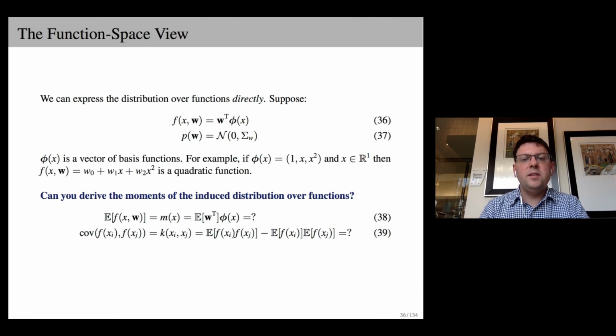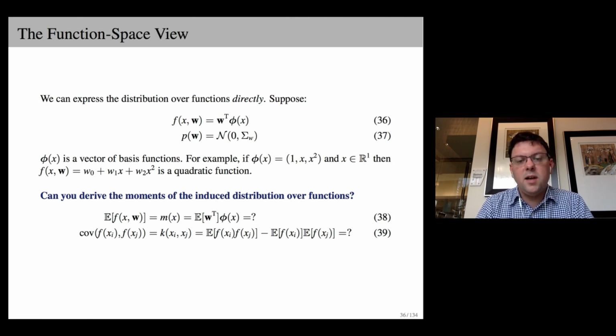Now, all of the randomness in this model is coming from the distribution over parameters W. So we can pull phi out of the expectation, it's just deterministic, and we can evaluate the expectation over W, and by definition, in this case, it's just 0. So the mean of this induced distribution over functions is 0. Now, f of xi and f of xj are two different random variables corresponding to querying our random function at two different input points, xi and xj.